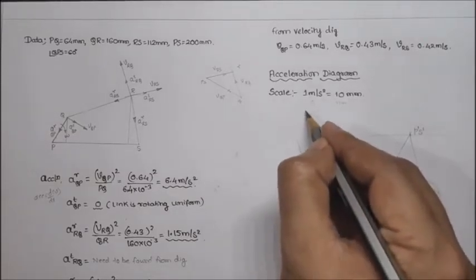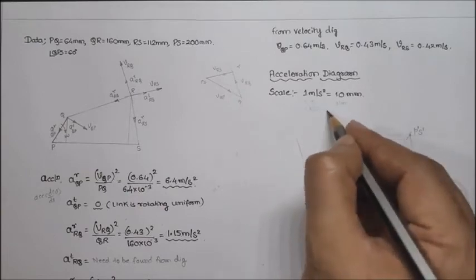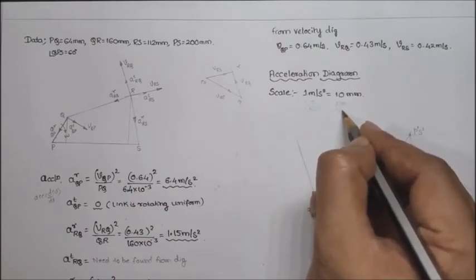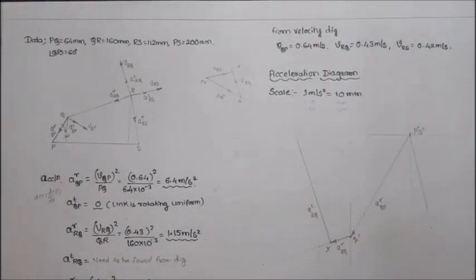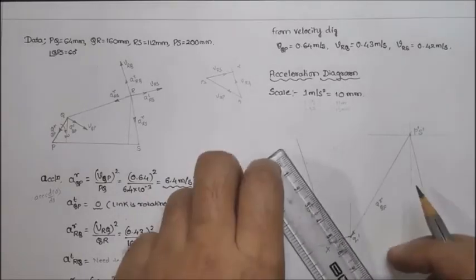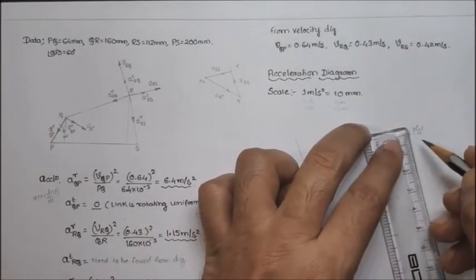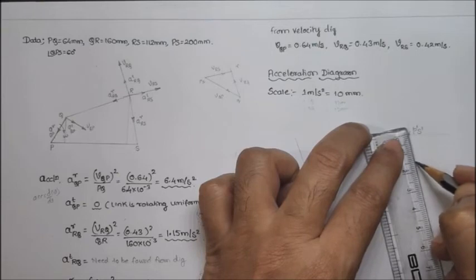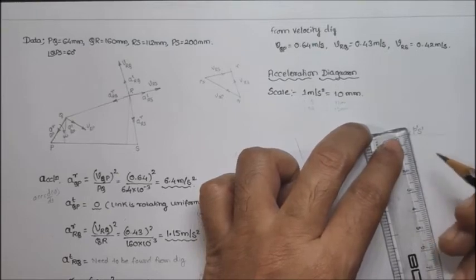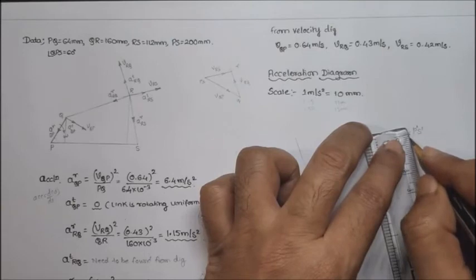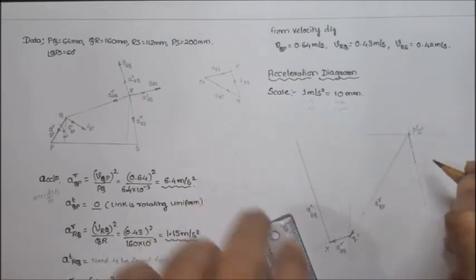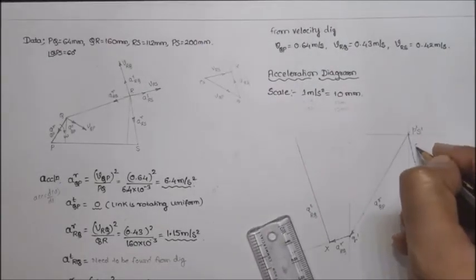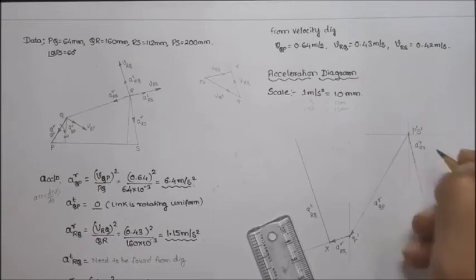So we know that 1.57 will be equal to 15 mm from the scale, near to 50. From here take an arc or measure 15 mm. So it will be 15 mm, and this will be a dotted line. This is acceleration radial of r with respect to s.